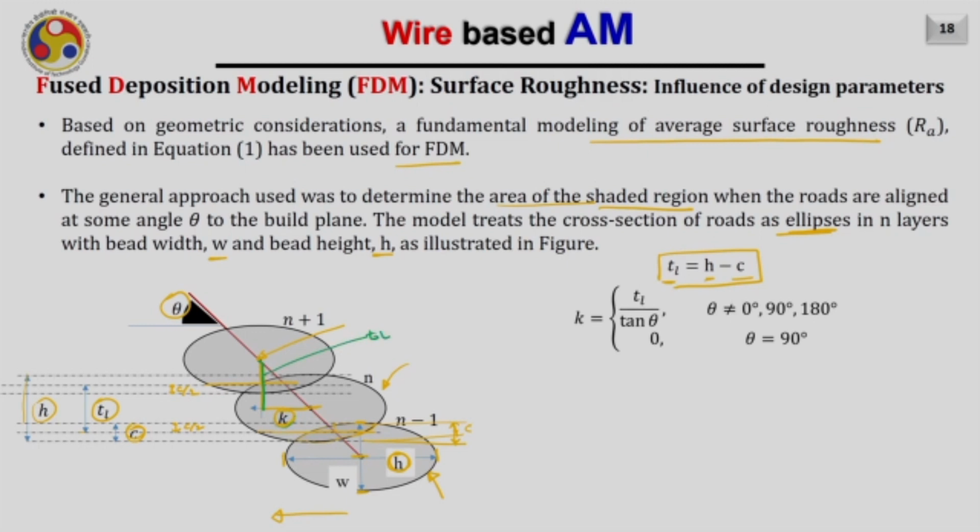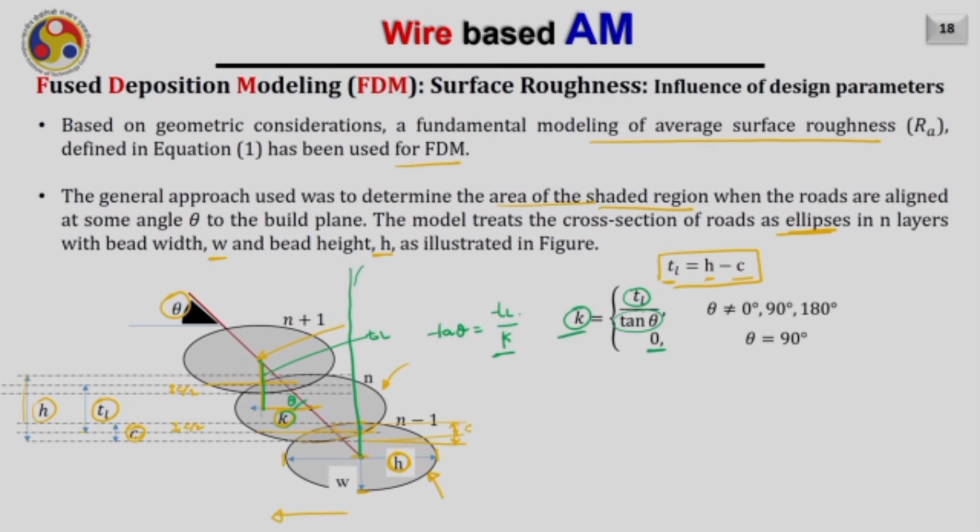If this angle is theta, the slant angle, tan theta equals TL divided by K, or to obtain K, K equals TL by tan theta. And of course, if theta is 90 degrees, this value of K will be 0, because in that case you are depositing just a vertical wall, right? In that case, this K will not be there.